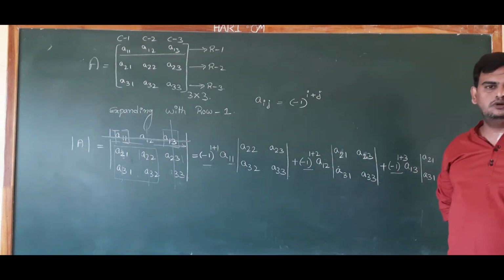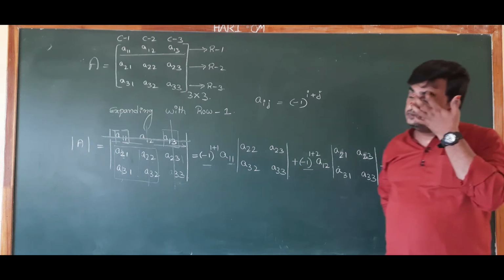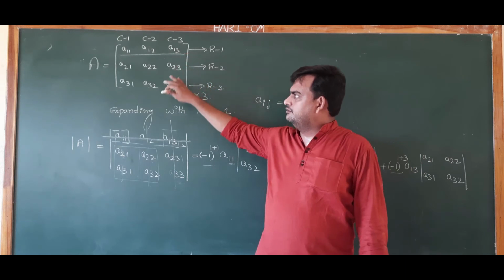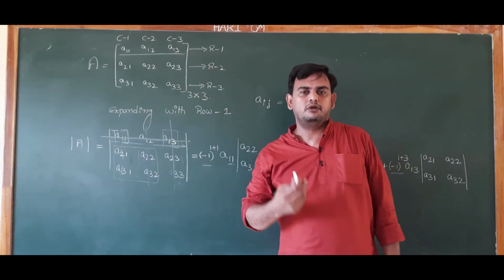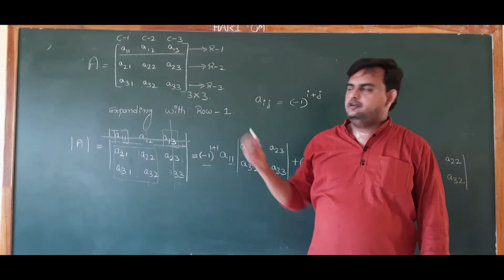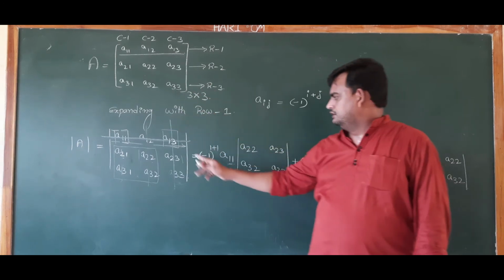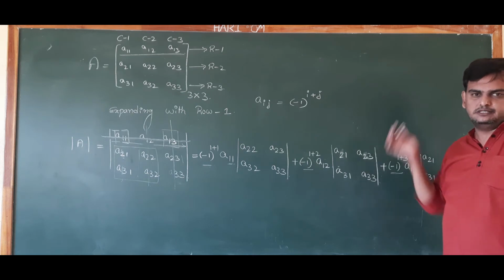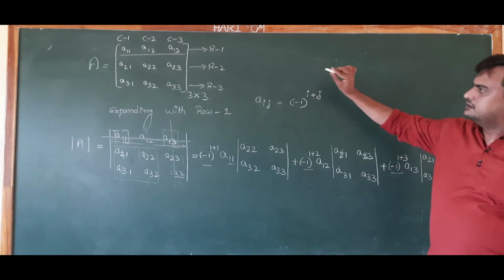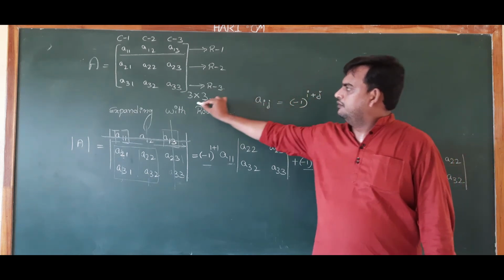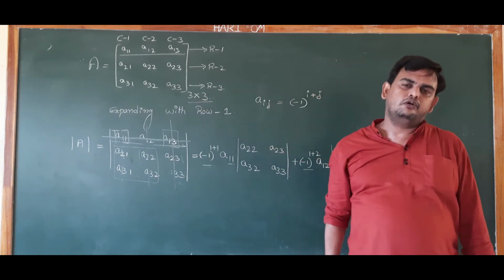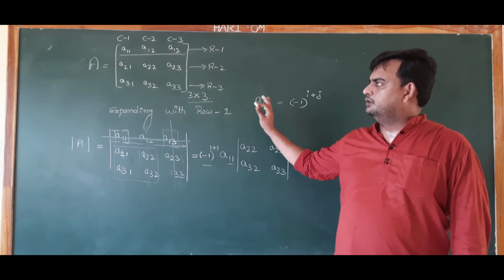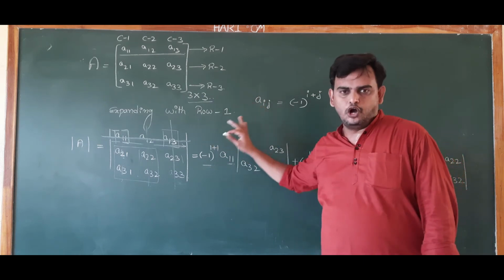Choosing any way is your choice, but usually we expand along the row or column which has the maximum number of zeros. If you have more zeros, 0 into anything is 0, so the calculation will be very easy. That kind of strategy we have to use while calculating the determinant of a 3 by 3 square matrix. Now we see one example to understand this concept.